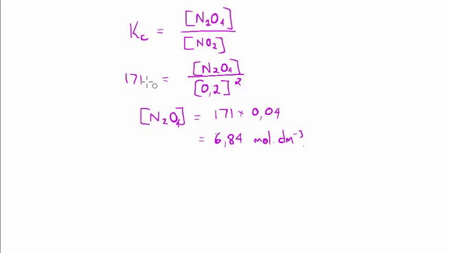Okay, but all I know is the moles that I have at equilibrium. But that's not how much I started with, because some of it decomposed. So for example, initially I don't know how many moles I started with of the nitrogen dioxide.